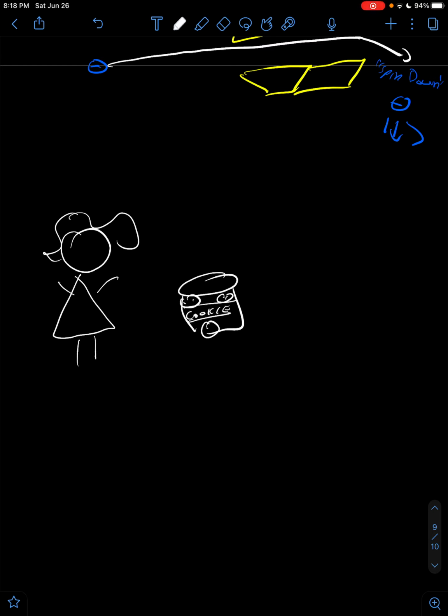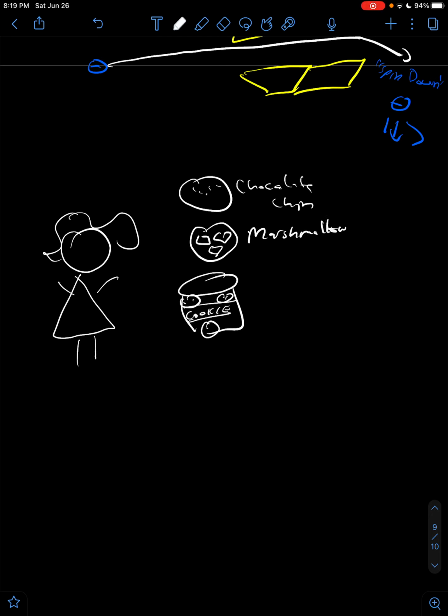Sally has two favorite kinds of cookies. She likes chocolate chip cookies, and she also loves to eat marshmallow cookies. And her cookie jar is filled with just chocolate chip and marshmallow cookies.